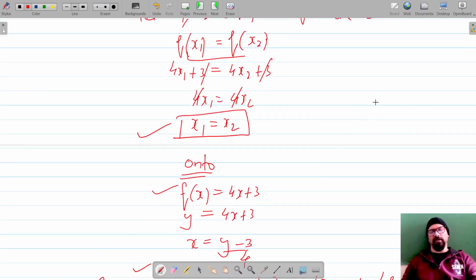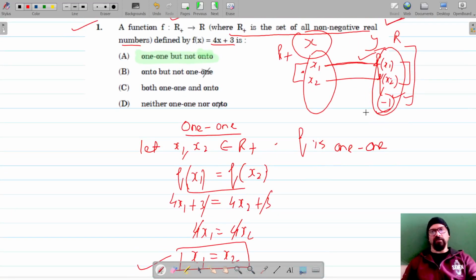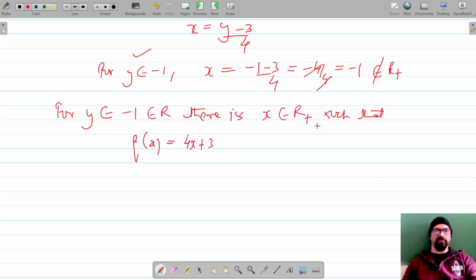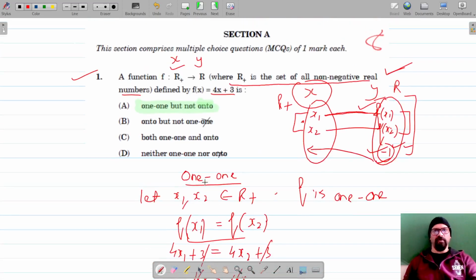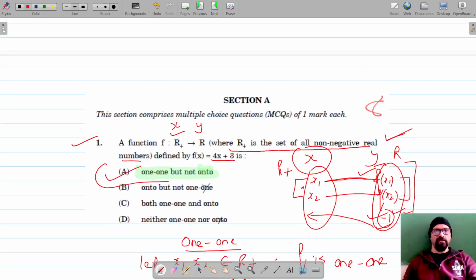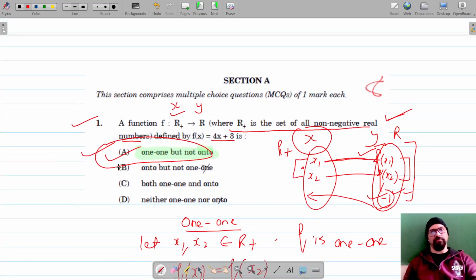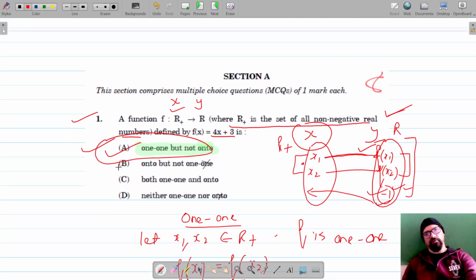So for -1, there is no pre-image. So all this -1 is left. Because one condition is false, f is not onto. So f is 1-1, but not onto. That is, we have option A. Our correct option is option A. Let's move on to the second one.